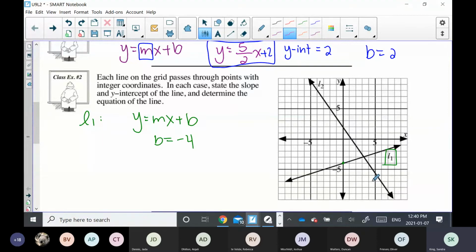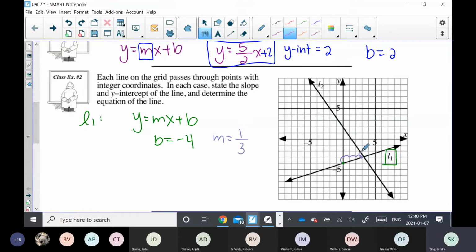So for example, I believe it's this one, but I'll double check because I could tell that that's a nice point as well. It looks like that would be an integer coordinate. So according to that, if I follow the slope, I'm rising 1, running 3. I'm just going to double check.